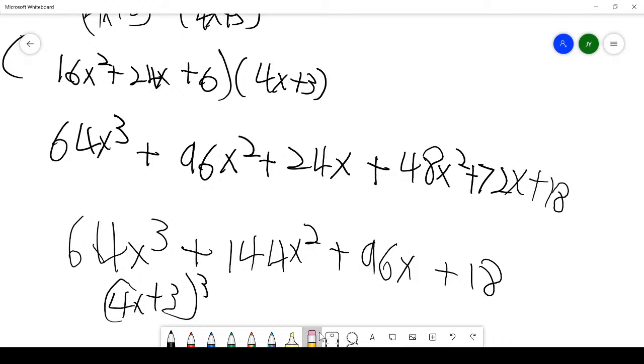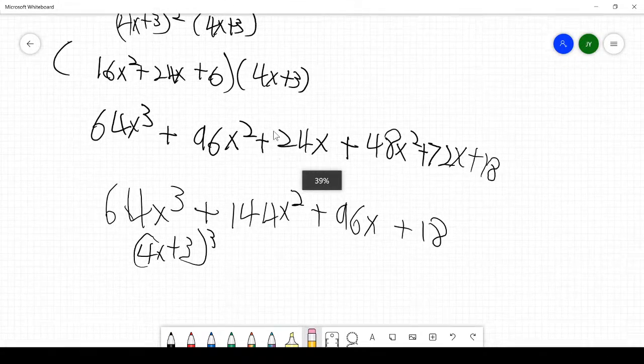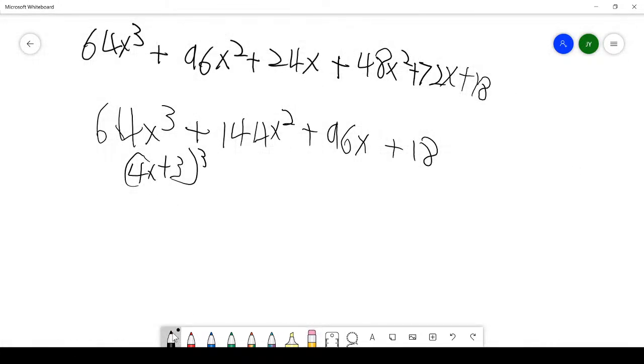So the rule that we can use to easily solve problems like this, or at least do them faster, is known as the binomial theorem.